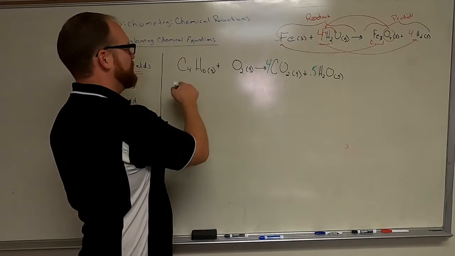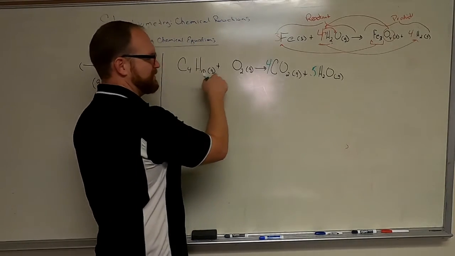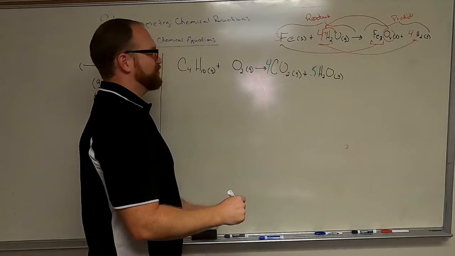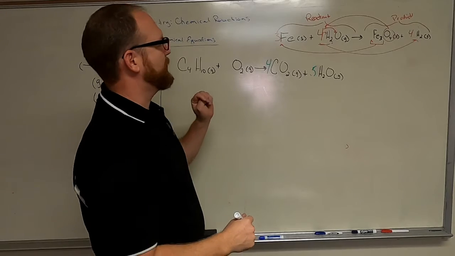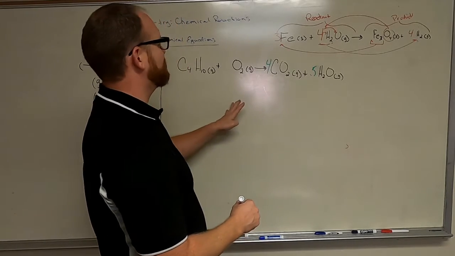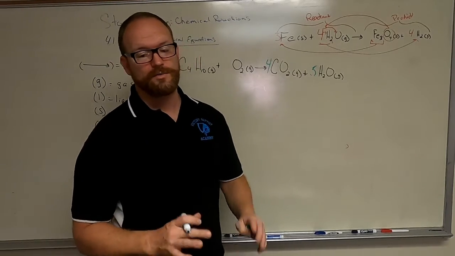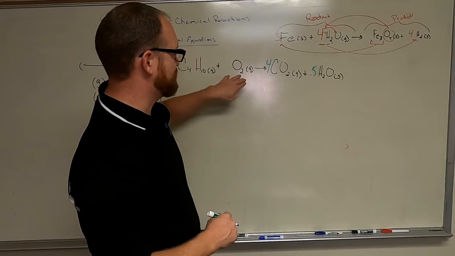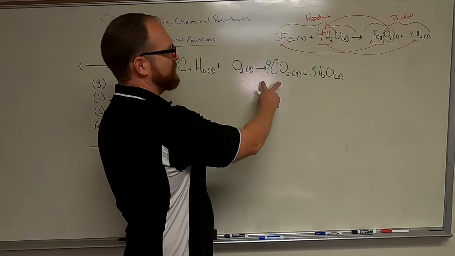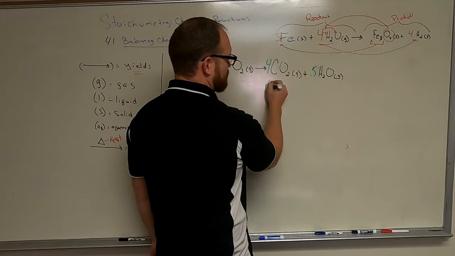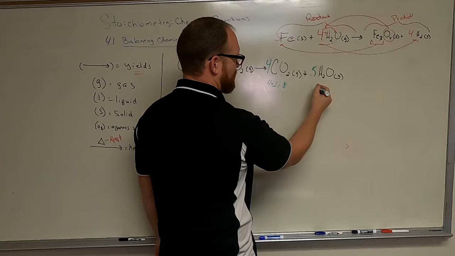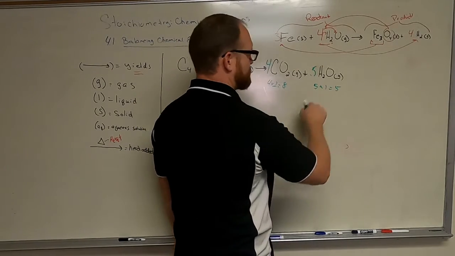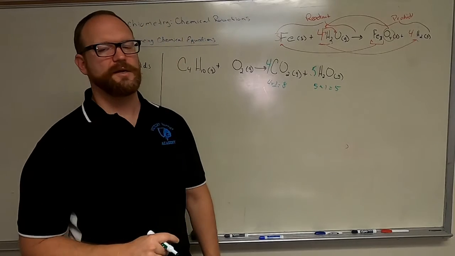So my C's are balanced, my H's are balanced. Now I just have to balance my O's. How am I going to do that? Well, let's first see how many O's we have on each side. I have 2 on this side, and then over here I have 4 times 2 is 8, and here I have 5 times 1 is 5. 8 plus 5 is 13.